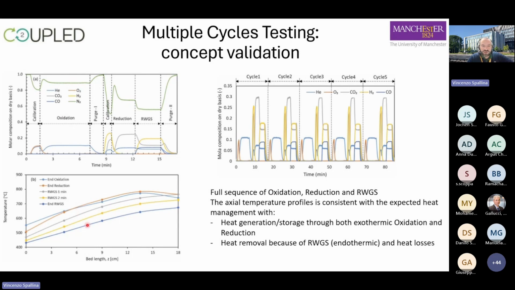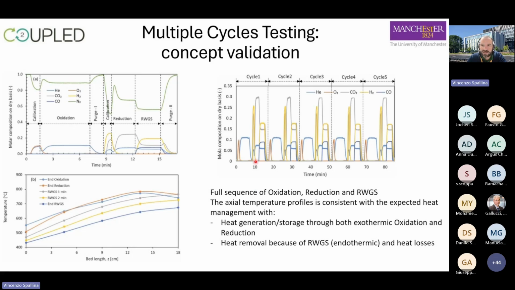That means that heat was generated during the oxidation. It was slightly reduced during the reduction, primarily because of heat losses and a little bit of cooling at the beginning of the bed because of the heat front. And then during the reverse water gas shift, the temperature drops quite substantially, becoming ready again for the next step.